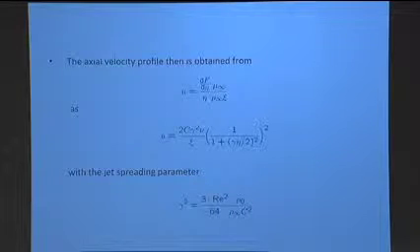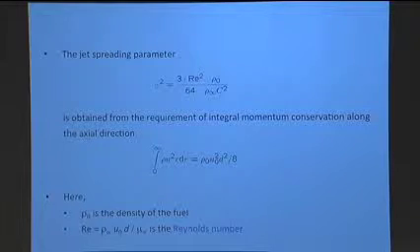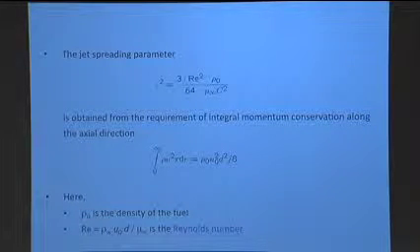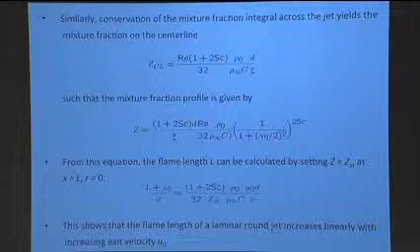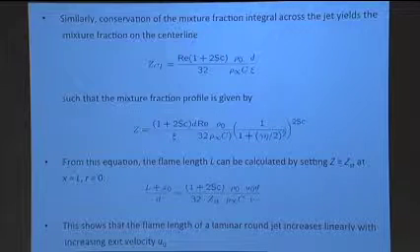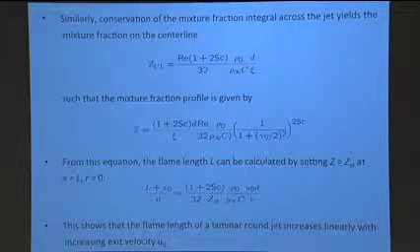And then you see here you have an expression for the velocity, and then on the next page probably, this is the momentum conservation integral that is used to determine this gamma parameter. And then a similar mixture fraction conservation integral is used to determine the mixture fraction on the center line.